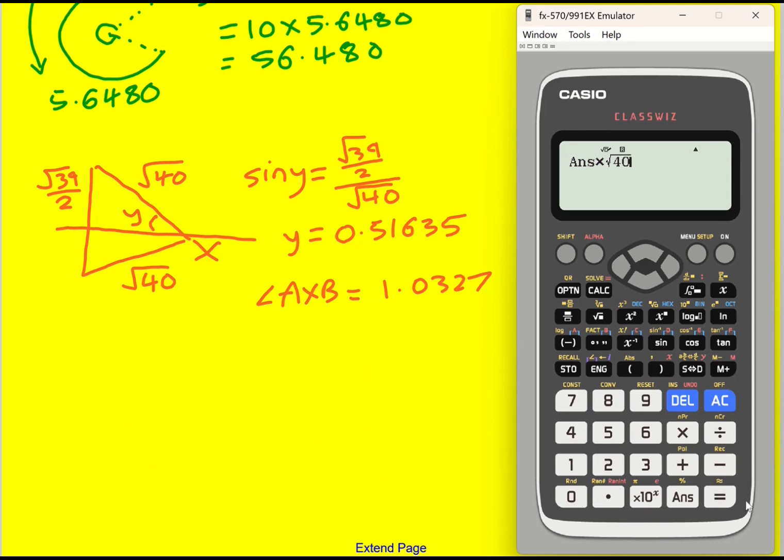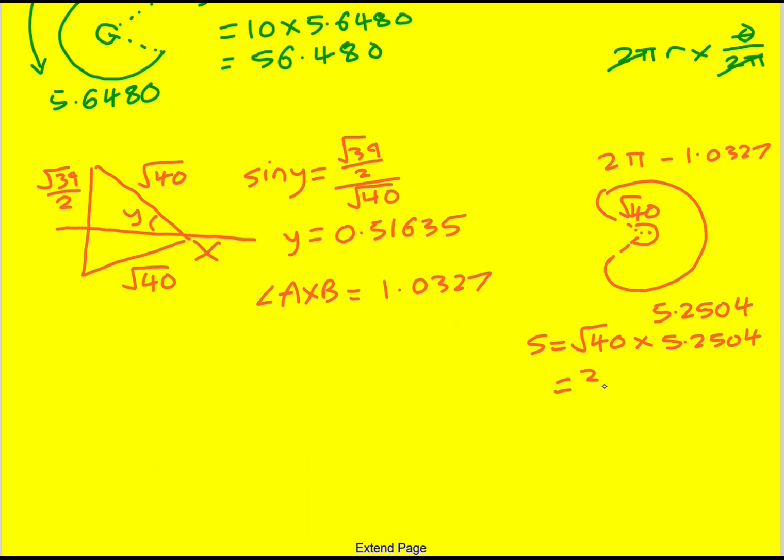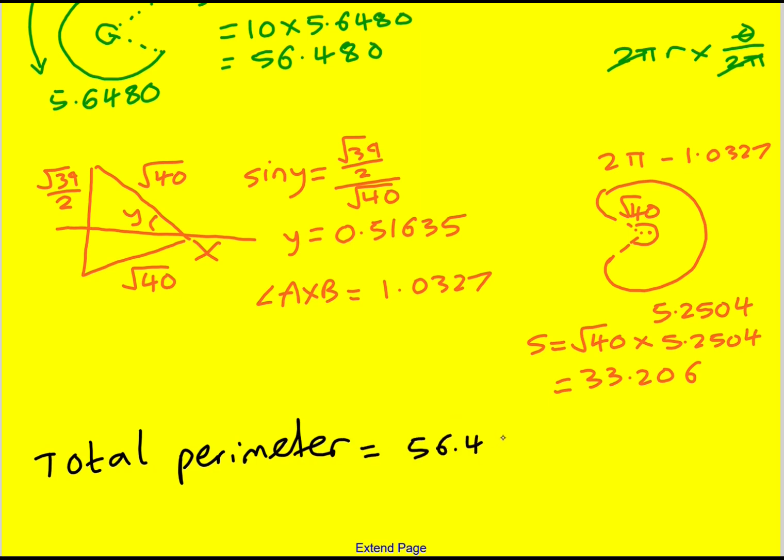Gives 33.206. And we're nearly there. So the total perimeter is these two added up together. And if you figure that out, it becomes 89.686 or 89.7.